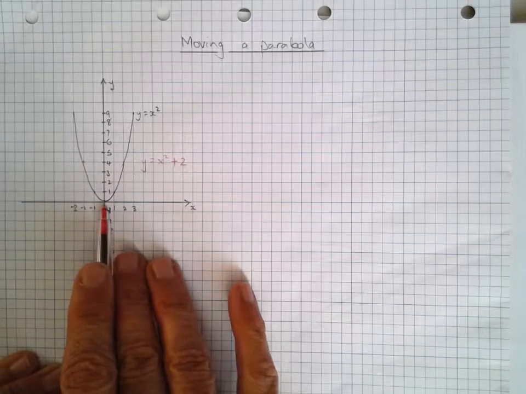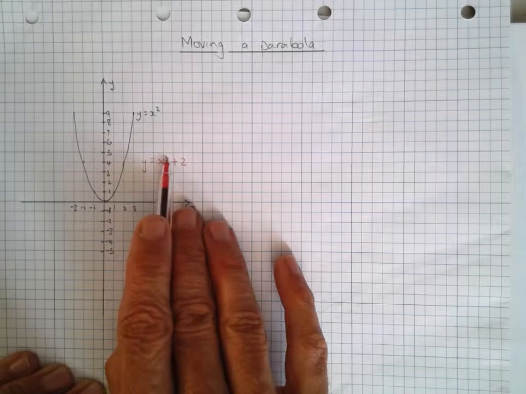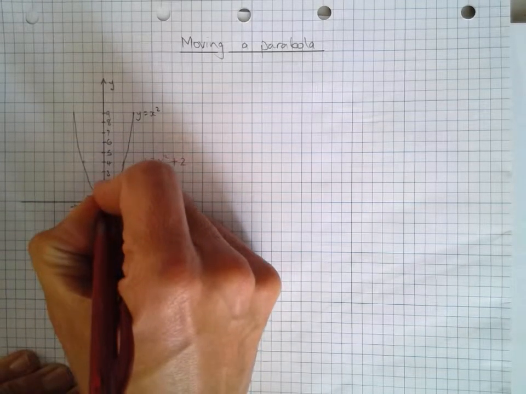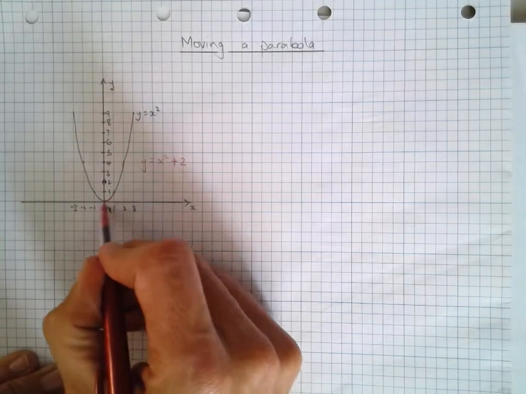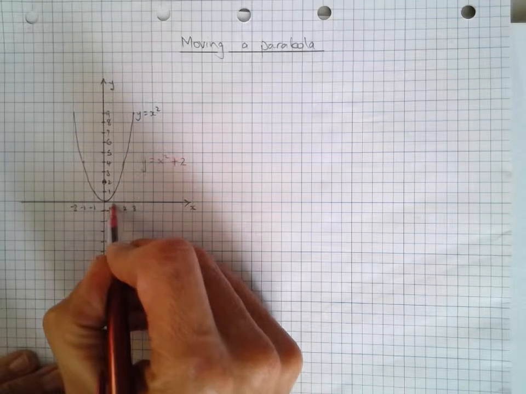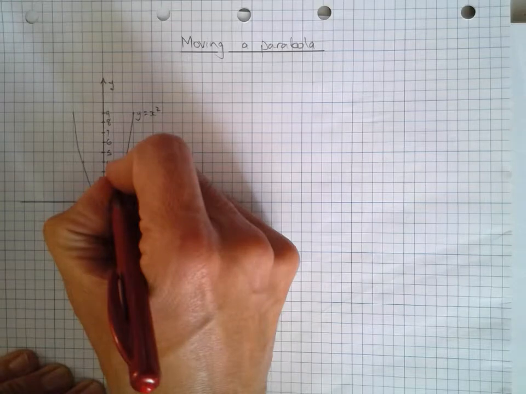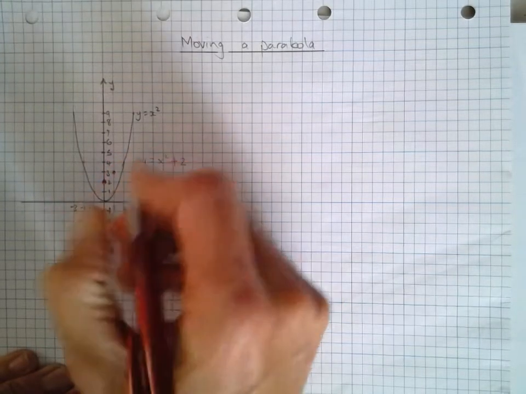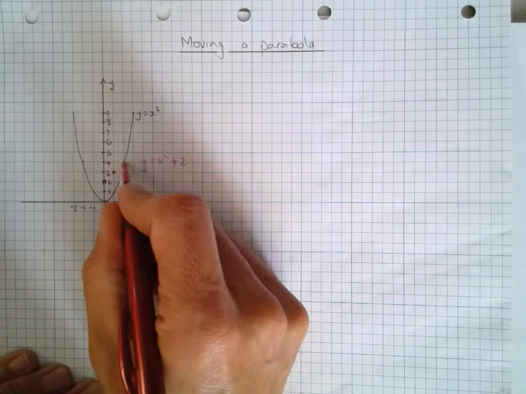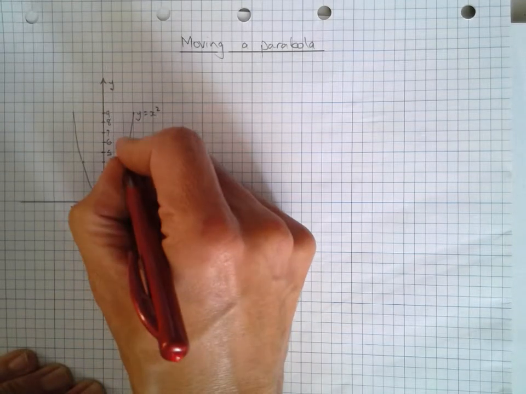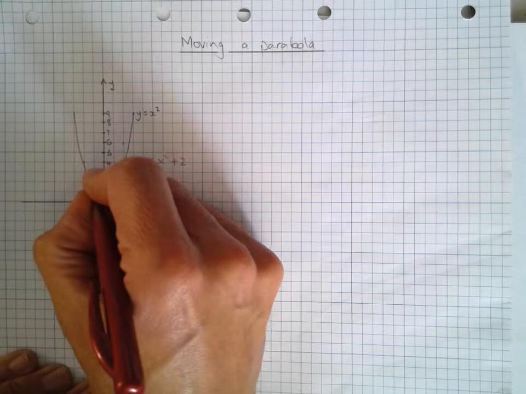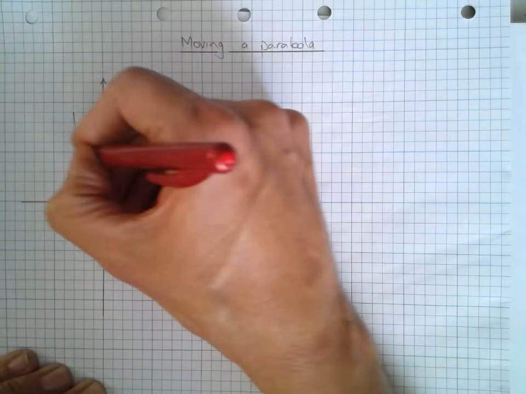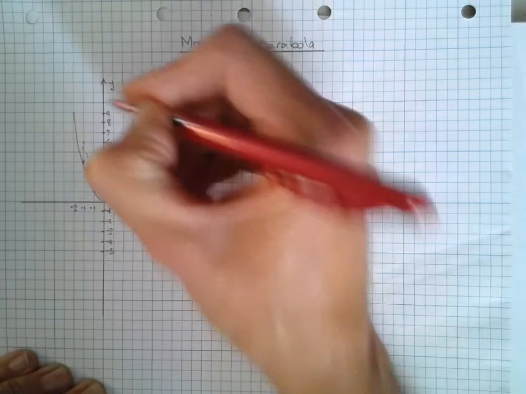When x is 0, 0 squared is 0 plus 2 is 2. 1 squared is 1 plus 2 is 3. 2 squared is 4 plus 2 is 6. And similarly, using those negative values, the whole thing has been moved up by 2.